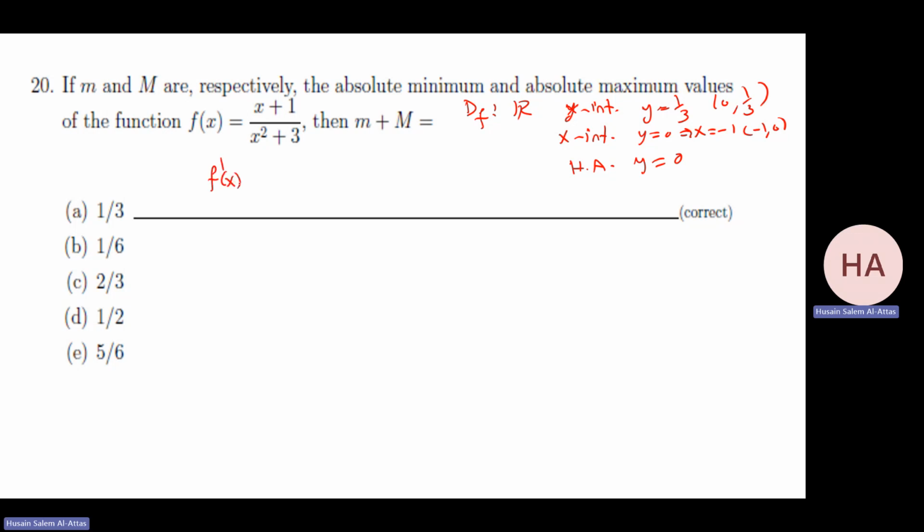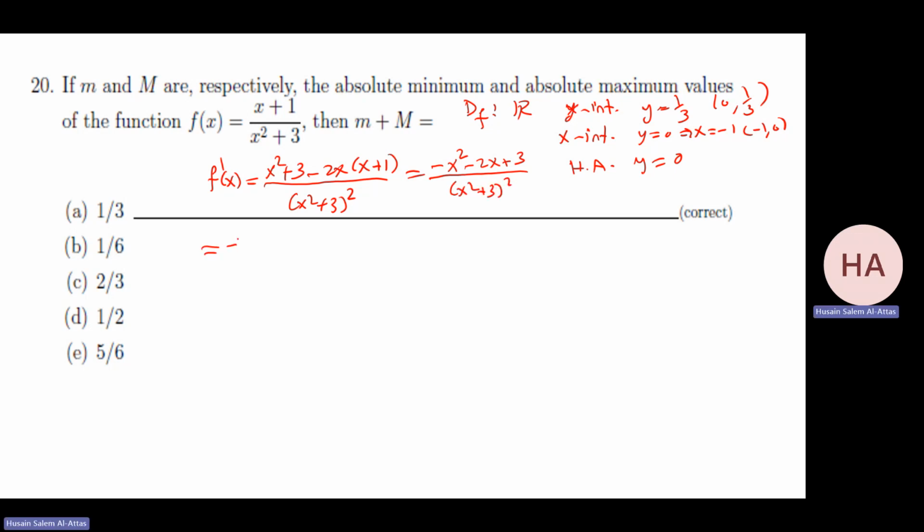f prime would be what? The denominator x squared plus 3 times the derivative of the numerator, minus the numerator times the derivative of the denominator, 2x, over x squared plus 3, all squared. That will be x squared minus 2x squared, that is minus x squared, minus 2x plus 3 over this.